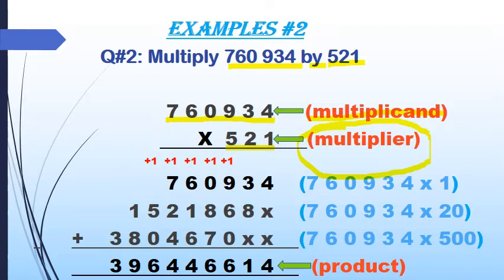We always start with the units digit of the bottom number, the multiplier. Now multiply it by the last digit in the top number and write the answer below the line. Now first multiply 4 once, then we get 4. Proceed with the same method from right to left.